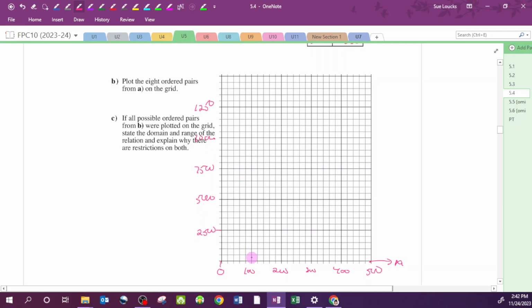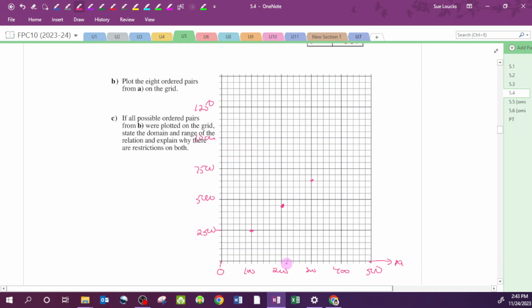So at 100 people, it's $2,500. At 200, it's $4,500, so it's here. Oops, there. And then at 300, it's $6,500.